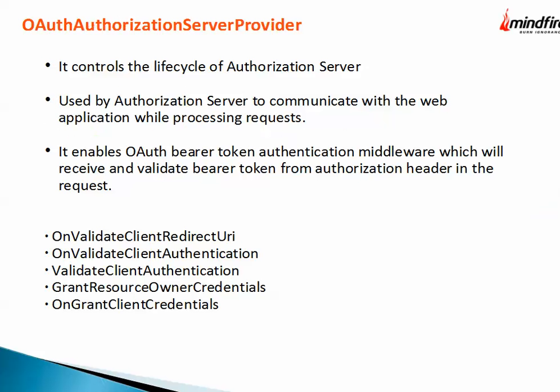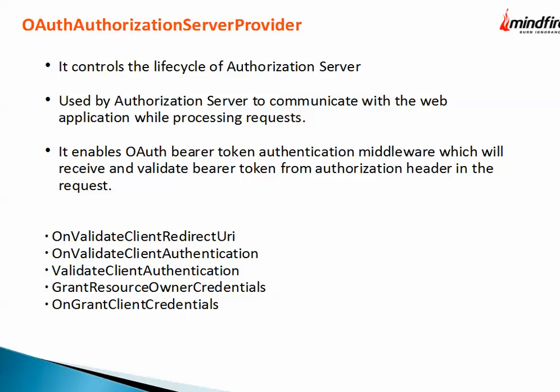Then we will discuss the life cycle of authorization server. It controls the life cycle of authorization server, and it is used by the server to communicate with the web application while processing the request.